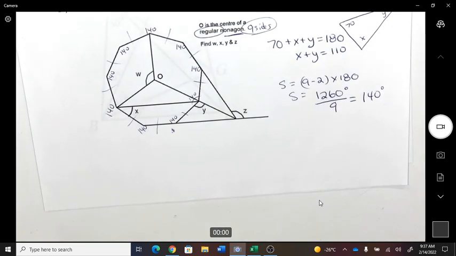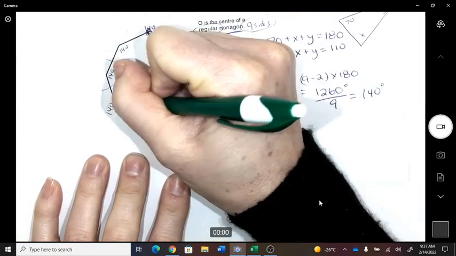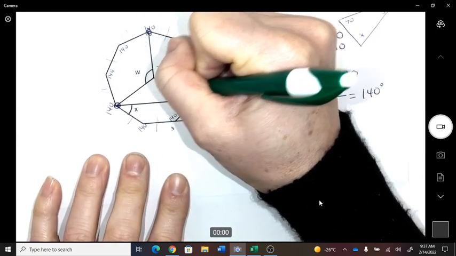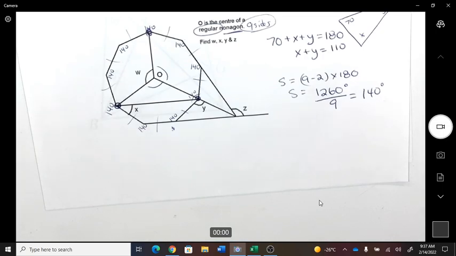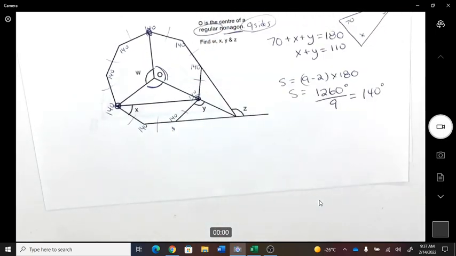Okay, you ready? The next thing I can see is, is there any property you know about these three angles in here? They would equal 360.